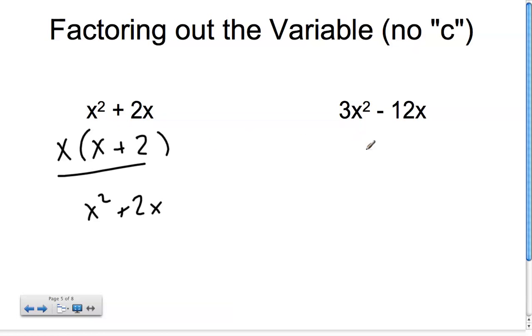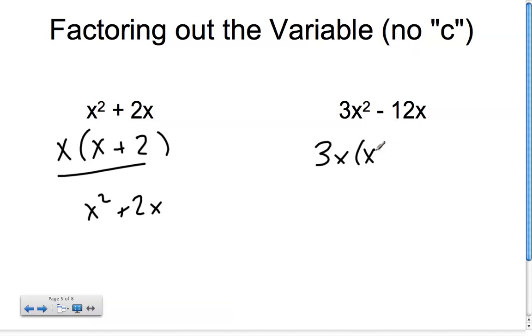Good. In this case, I can take a 3 out of both of these, but I can also take an x out of both of these because they're both divisible by 3 and they both have an x in it. So let's take out a 3x. Okay? If I take out a 3x from here, the 3 taken out from here would leave me with no numbers left. And taking out an x from x squared would leave me with just an x.